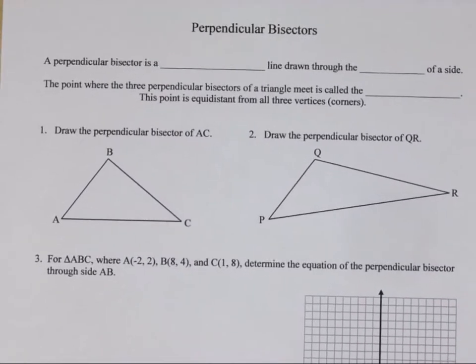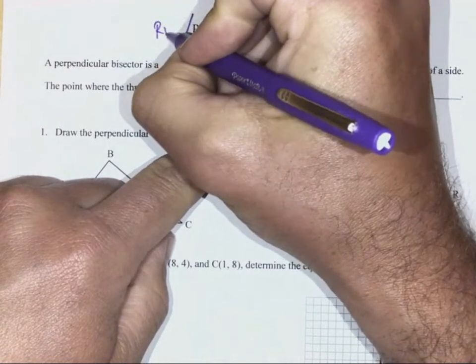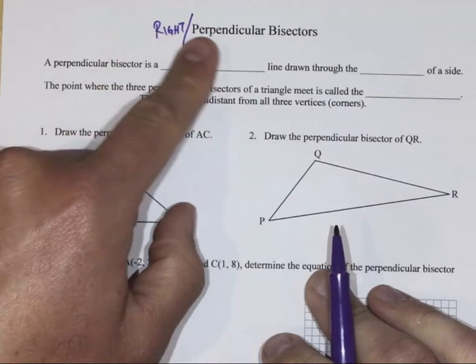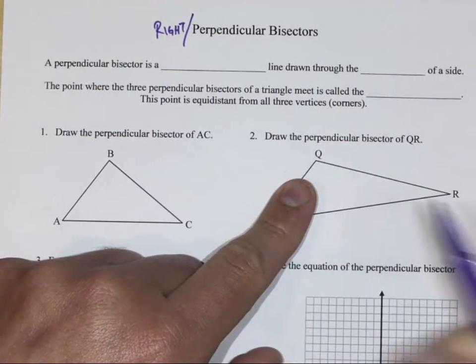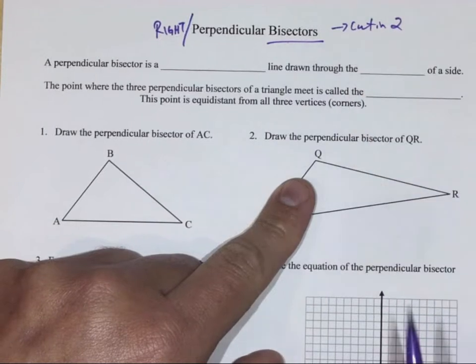6.02b, perpendicular bisectors. Another word for perpendicular bisector might be a right bisector: right meaning a right angle, or perpendicular, and bisector meaning it's going to cut in two.